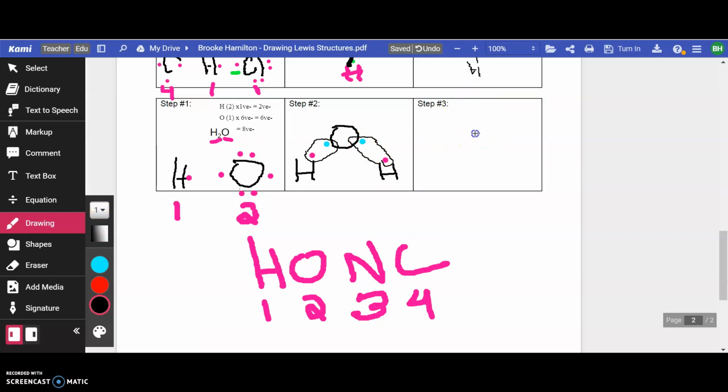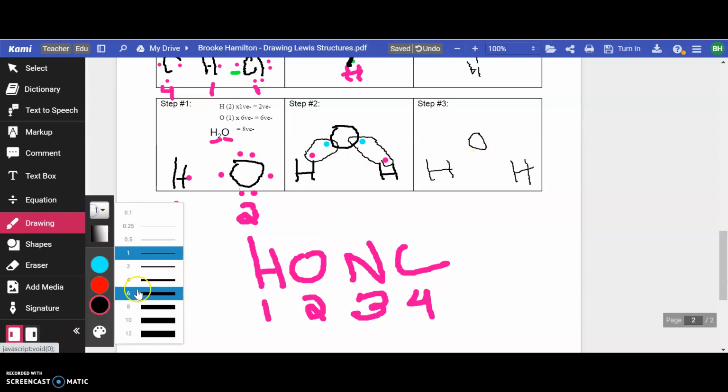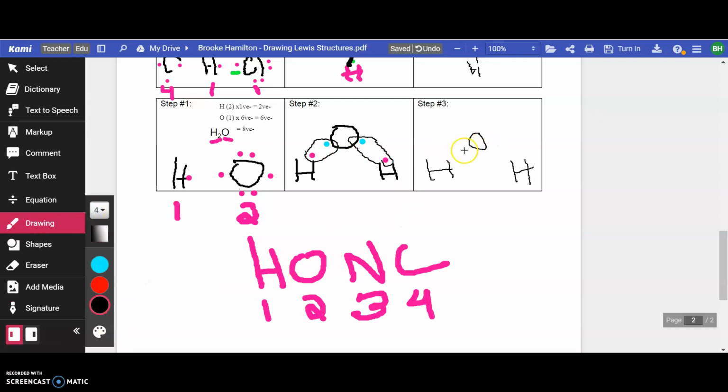So in our final drawing, we have oxygen, our 2 hydrogens still. Hydrogen does not have any lone pairs, but oxygen does. It has 2 bonds and 2 lone pairs. So we have our single bond here. For hydrogen, they each have 1.